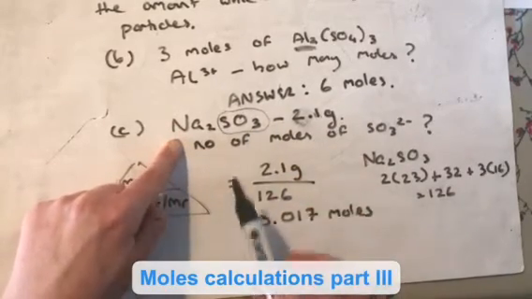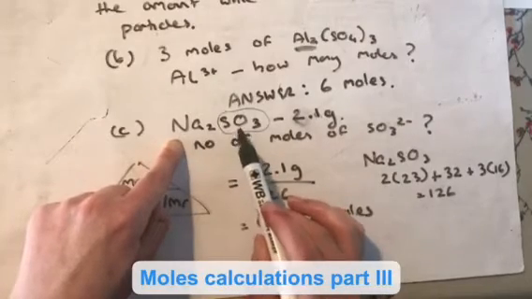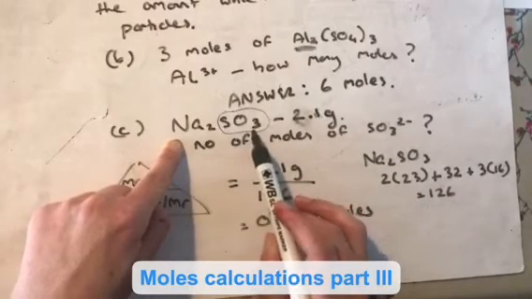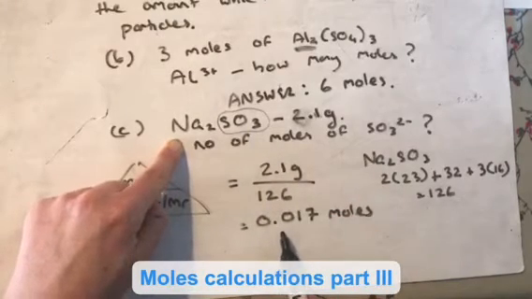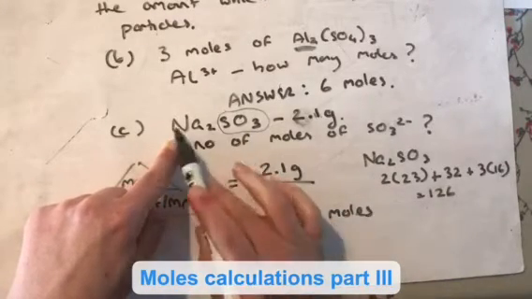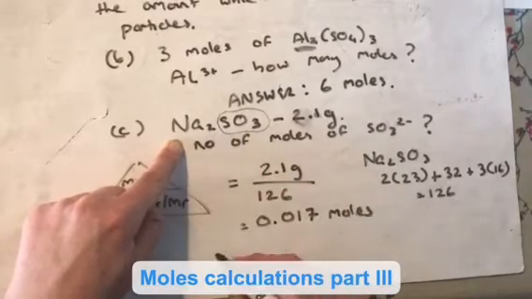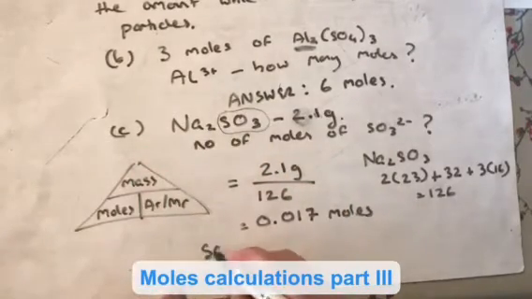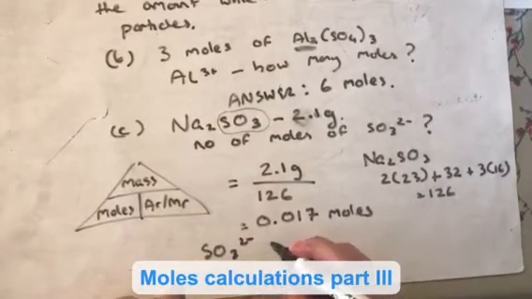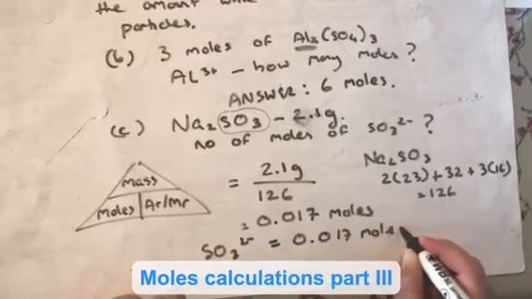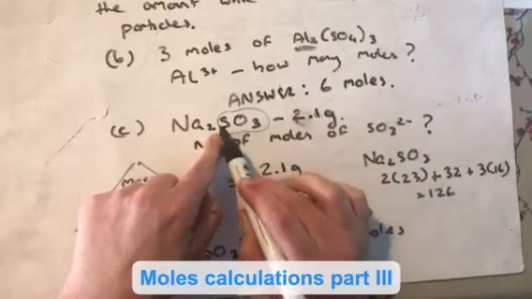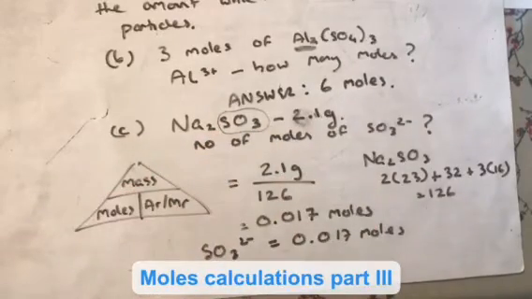So if we have 1 mole of sodium sulfite, we've got 1 mole of sulfite ions. But this time we have 0.017 moles of our sodium sulfite. So therefore, our answer is SO3 2- ions equals 0.017 moles. It's a 1-to-1 relationship because we have 1 of these in each molecule of that.